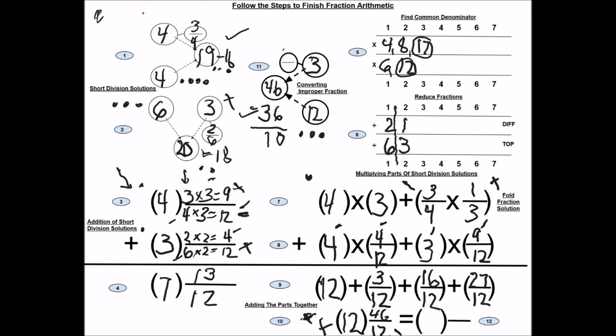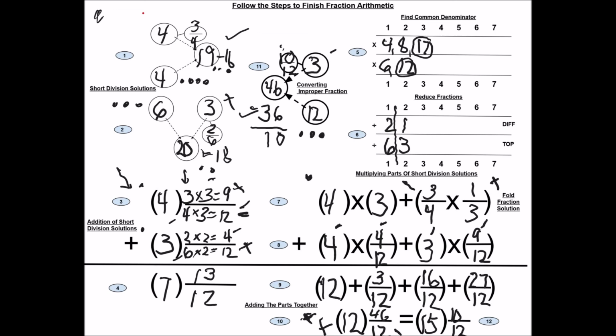So we have a remainder of 10/12. So now we can put our answer down here. So we have 3 more wholes to add to our 12. So that will give us 15. And we have a remainder of 10/12.